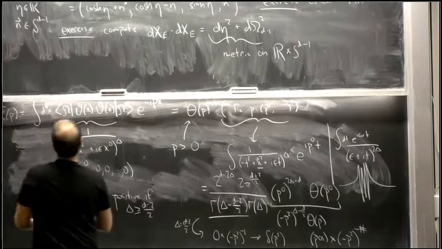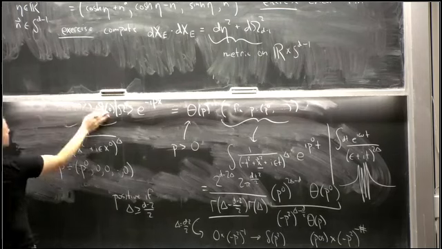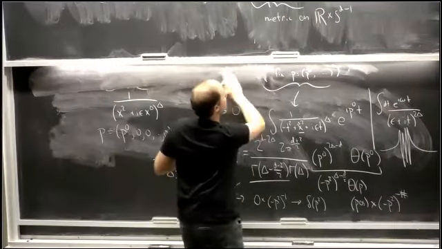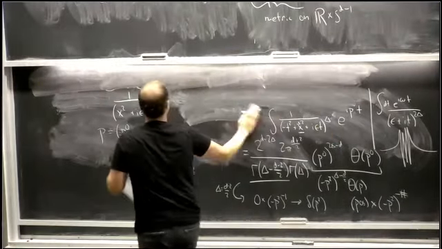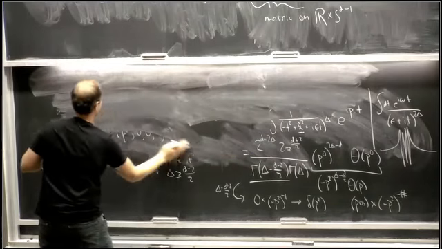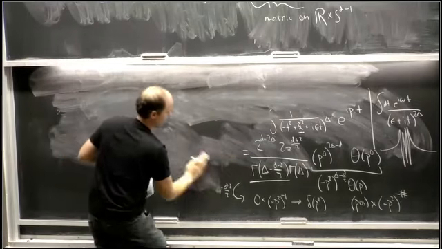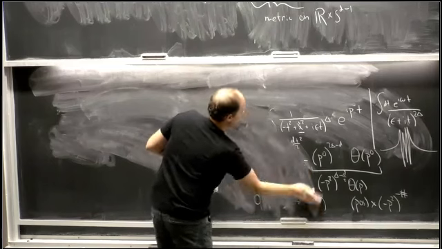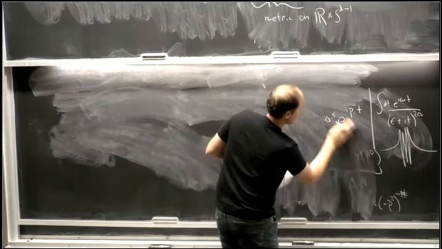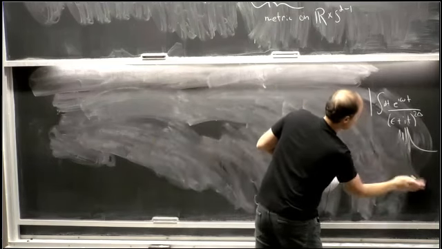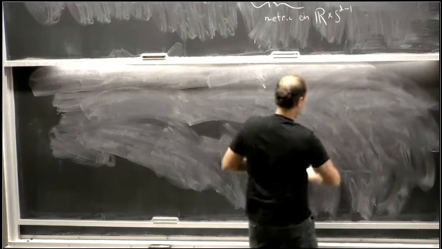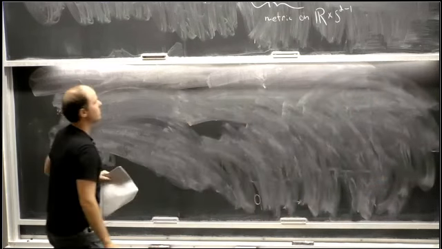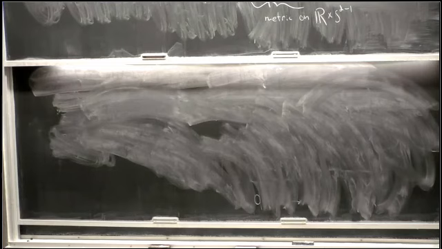I think a picture is worth 1,000 calculations in this case, so let me try to draw what we just did. The Euclidean cylinder should look familiar to you. That's what you get when you do radial quantization. And what we've just done is changed conformal frame to one appropriate for radial quantization between 2 points.